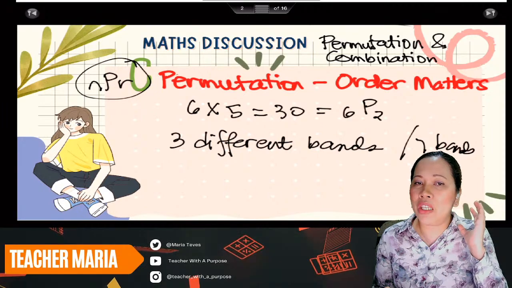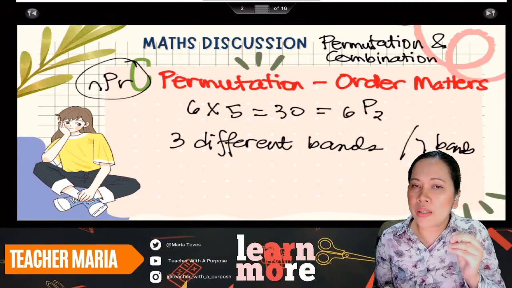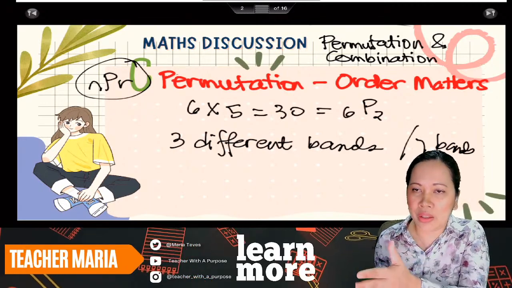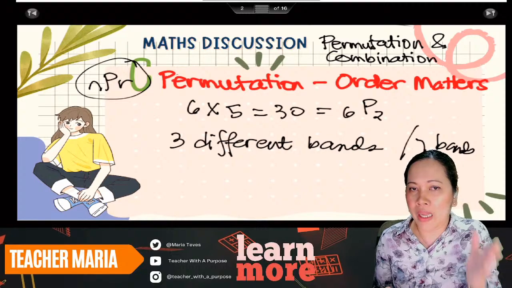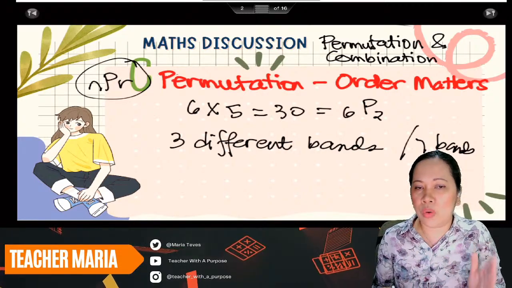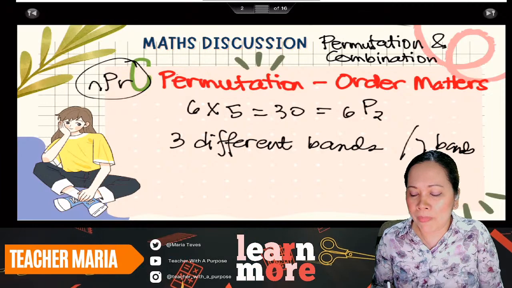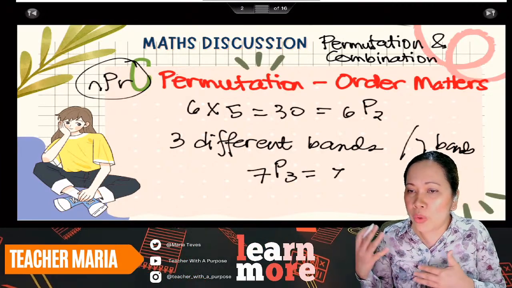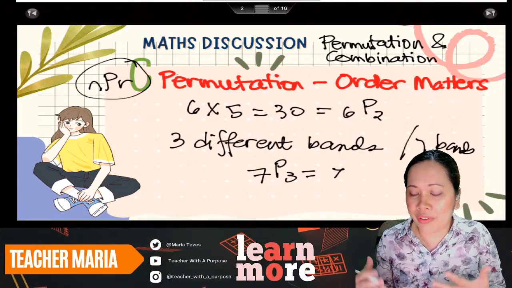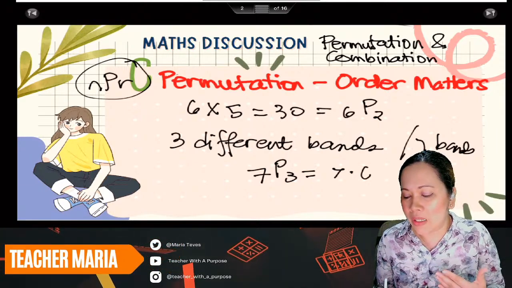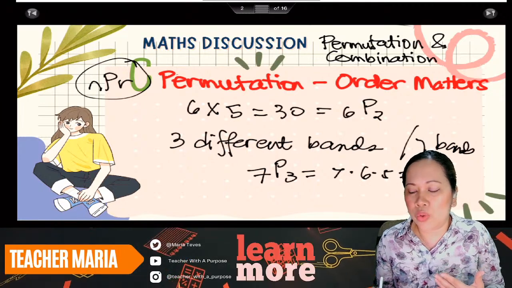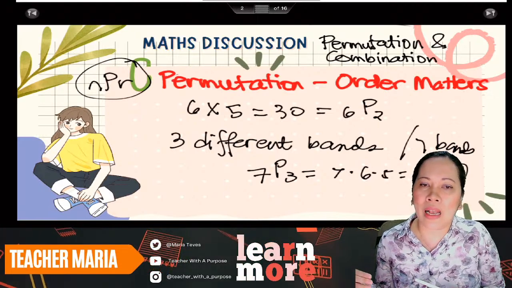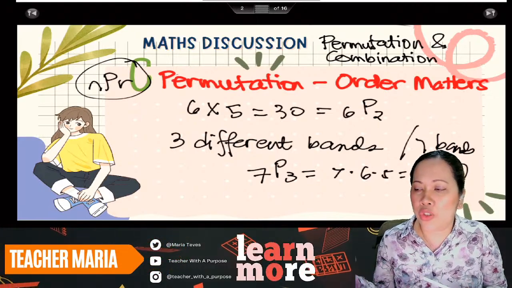Since there is an order of the first band, the second band, and the third band, your solution will be 7P3, which is 7 times 6 times 5. That will be 210.